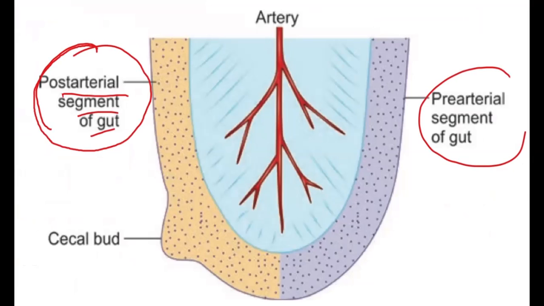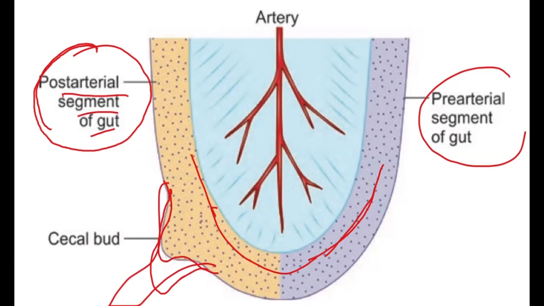Okay, within this the midgut forms a cecal bud which becomes cecum. Okay, cecum, that means large intestine, and appendix.